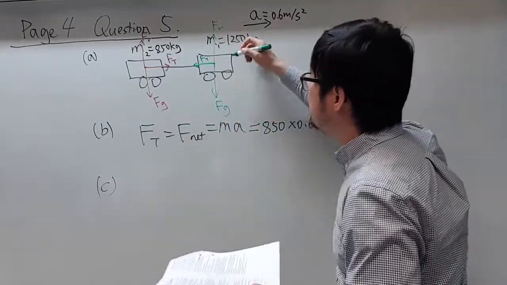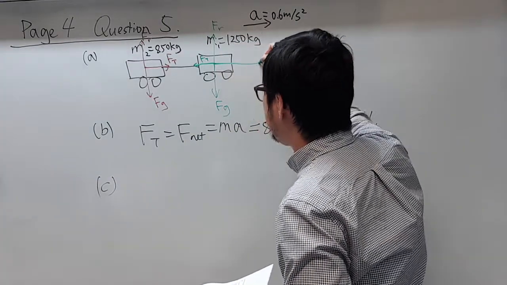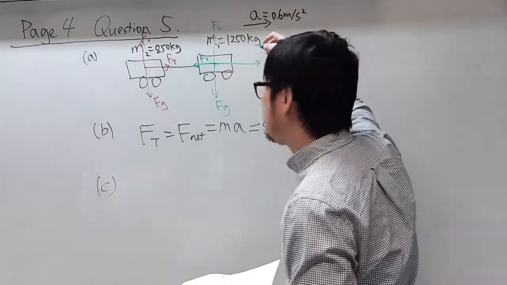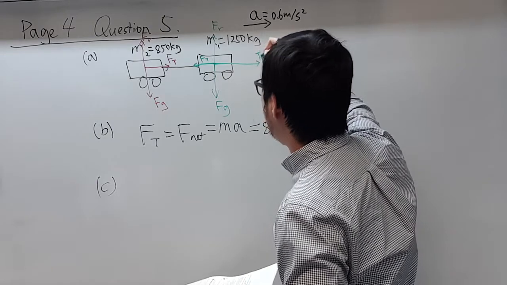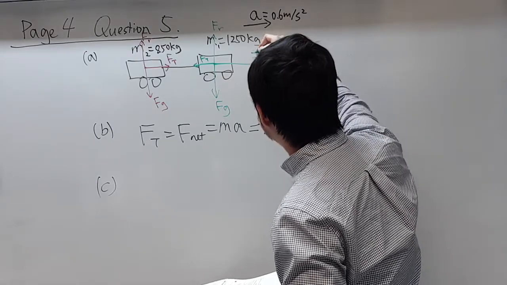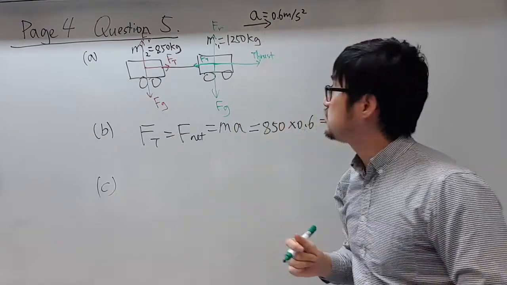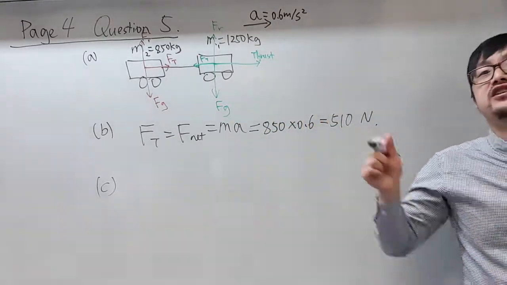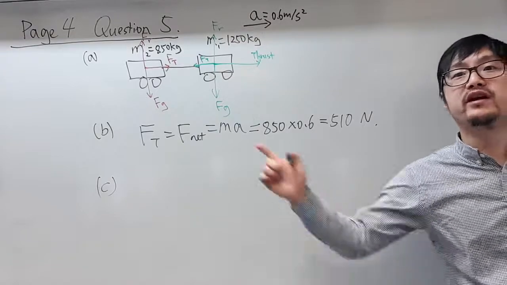So that's my tension force. And then obviously we need a big force going forward, which we call the thrust force. But the thrust force is actually just a friction force from the car wheel making it go forward, right?